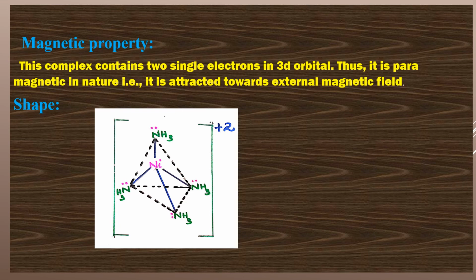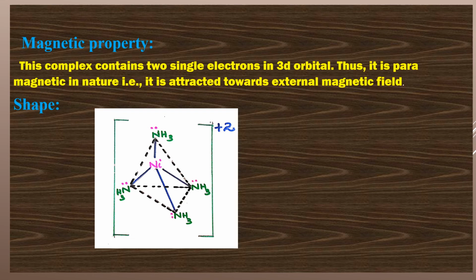Only in the presence of strong ligands will the unpaired electrons be forced to pair up. Hence this complex shows paramagnetic behavior, attracted towards an external magnetic field. You can observe the shape of this complex, which is tetrahedral.